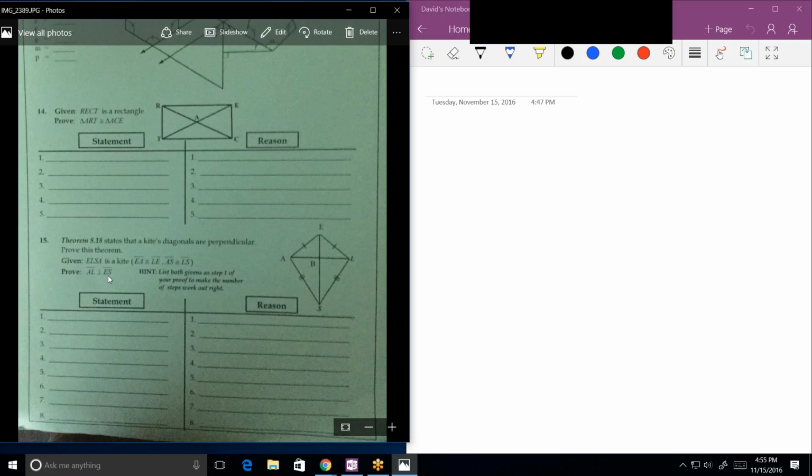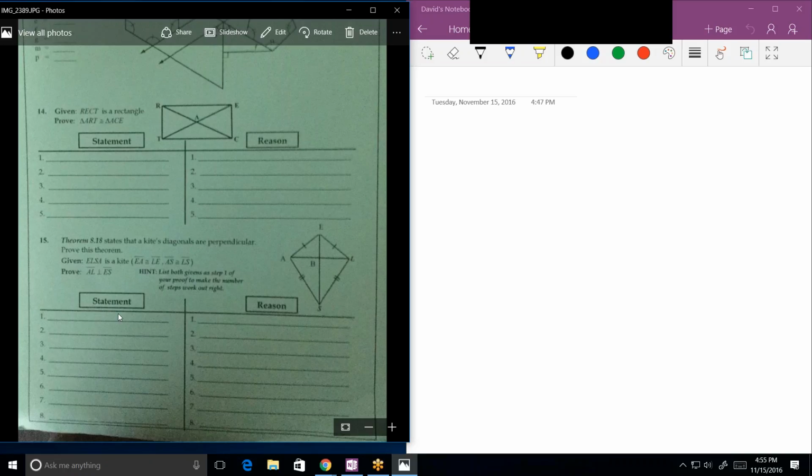We're trying to prove that AL is perpendicular to ES. List both givens as step 1 of your proof to make the number of steps work out right. In other words, there's actually 9 steps, and they want this entire given on line 1.